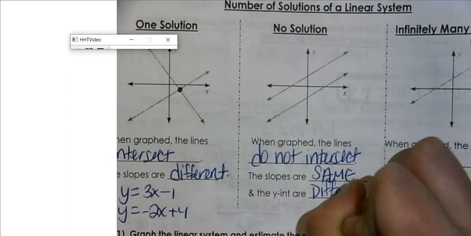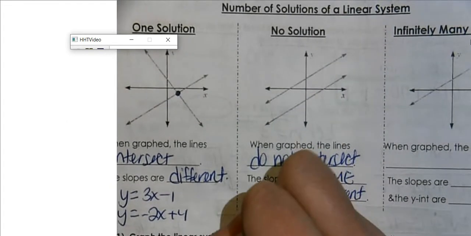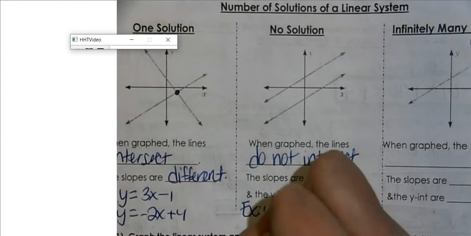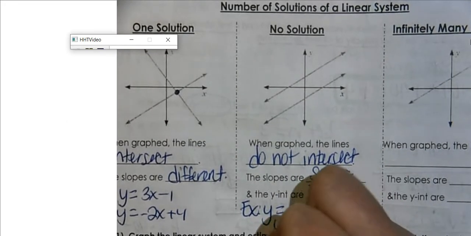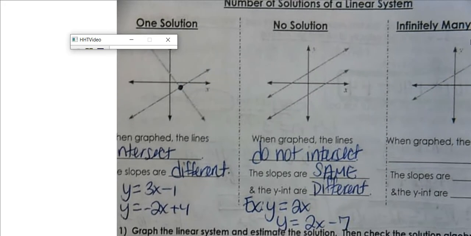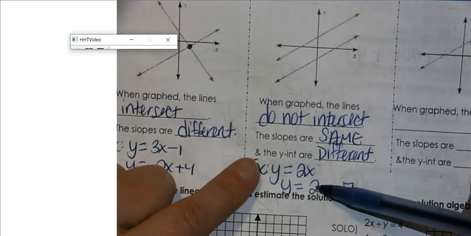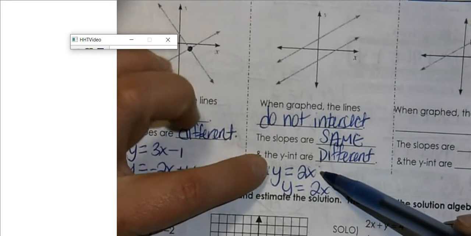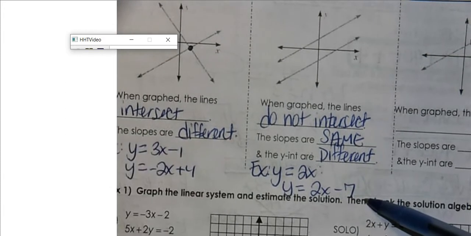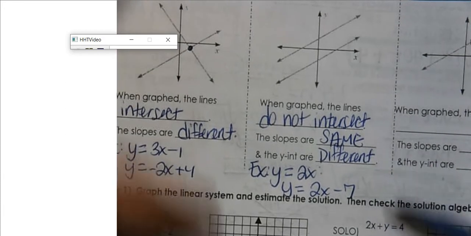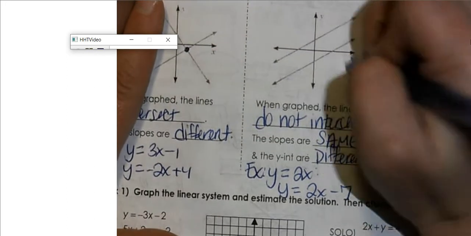So when you get your equations in y equals mx plus b form, slope-intercept form, you'll have something like y equals 2x and y equals 2x minus 7. Both of these lines have the same slope, but the y-intercepts are different. For our first equation, the y-intercept is 0, and for the second the y-intercept is negative 7. So these two lines will travel in different directions and never intersect. These are called parallel lines.